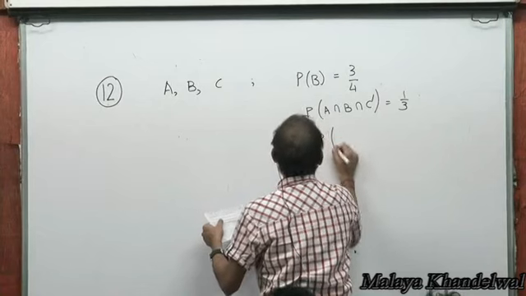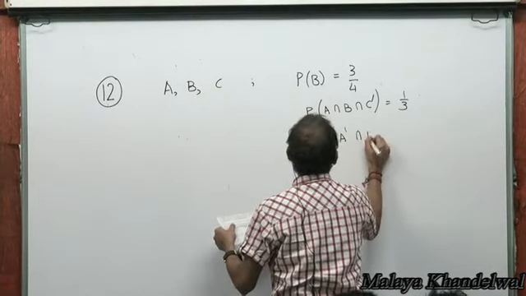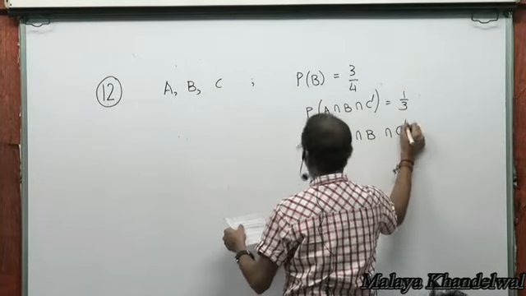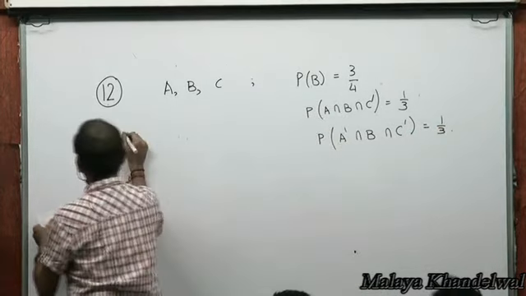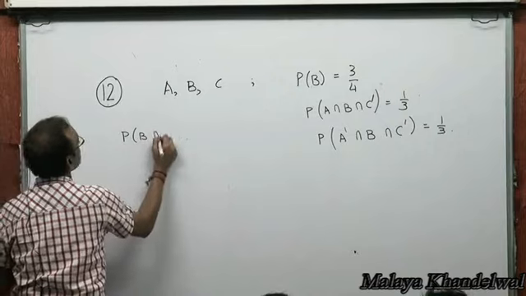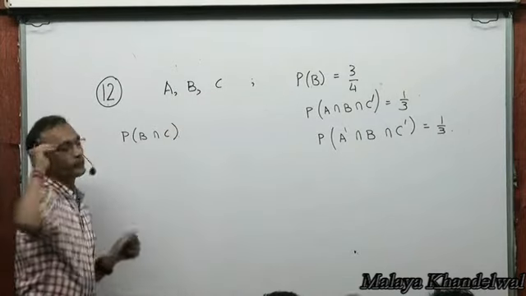And probability of A complement intersection B intersection C complement is 1/3. We want to find the probability of B intersection C, right?